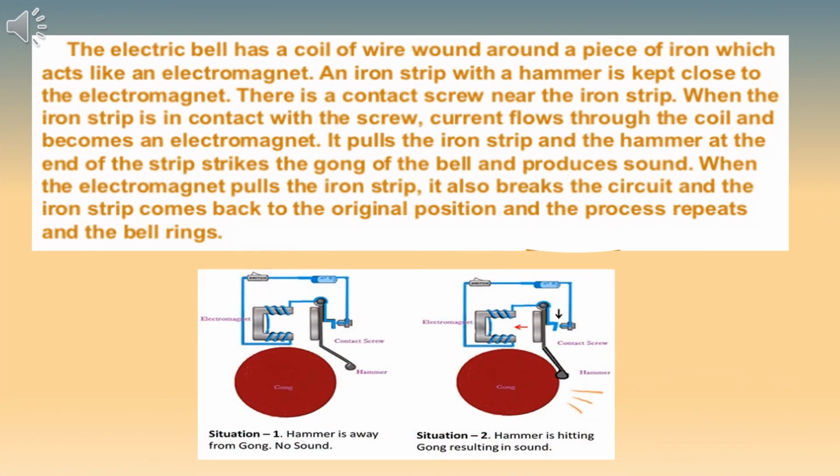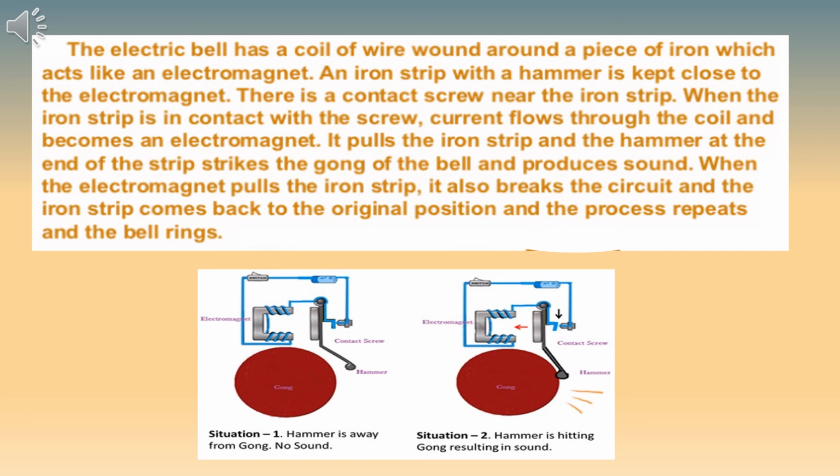Here we are going to discuss the electric bell. An electric bell has a coil of wire wound around a piece of iron which acts like an electromagnet. An iron strip with a hammer is kept close to the electromagnet. There is a contact screw near the iron strip. When the iron strip is in contact with the screw, current flows through the coil and it becomes an electromagnet.